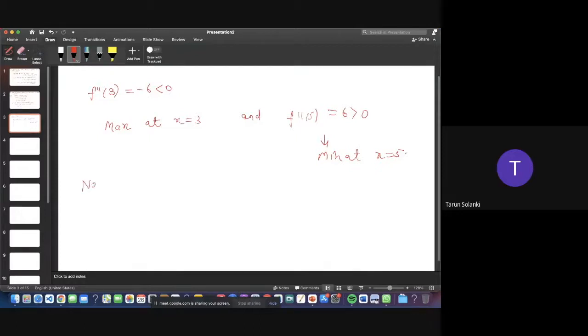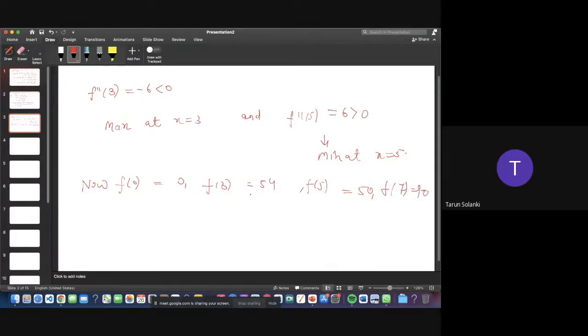So now f(0) is equal to 0, f(3) is 54, and f(5) will become 50, and similarly f(7) is 70, right?